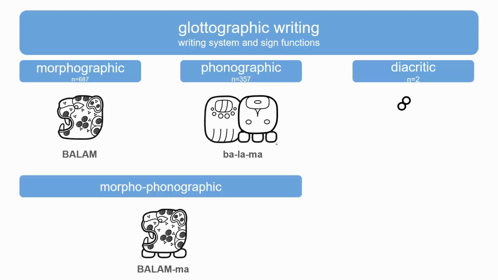Now we come to the sign function. What is the sign function? We're using here the glottographic expression by Geoffrey Sampson. I know there are many other typologies trying to describe logographic writing systems, but I have chosen this one.